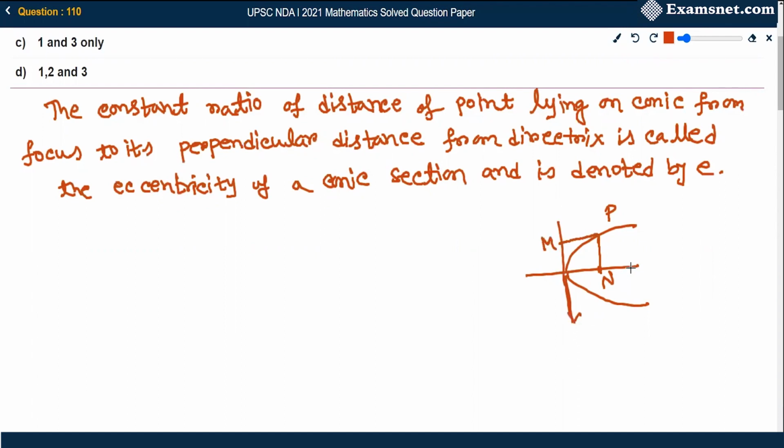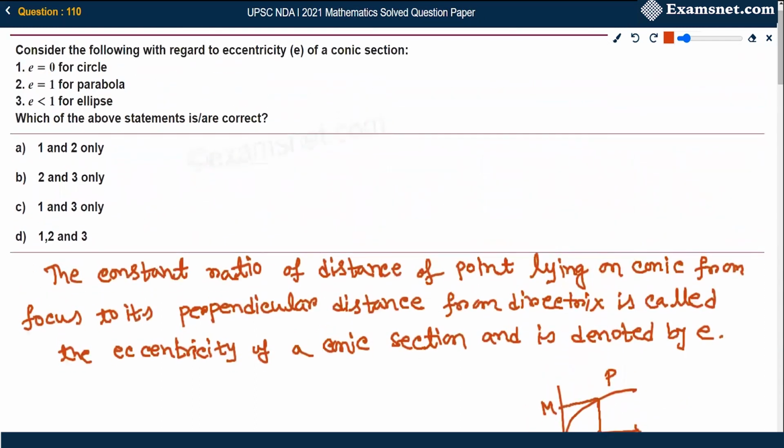This is the axis and this is the directrix. So the constant ratio of the distance of the point lying on the conic from the focus, that means PN, to its perpendicular distance from the directrix, PM, is called the eccentricity, referred to as E. I am explaining from the point of view of the parabola, but it's the same for every conic section: parabola, ellipse, hyperbola, circle.